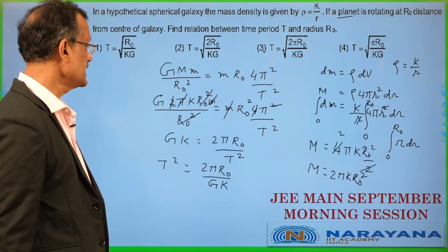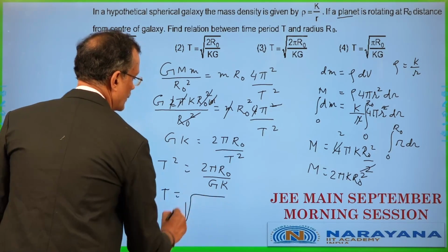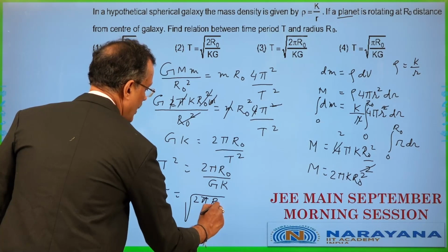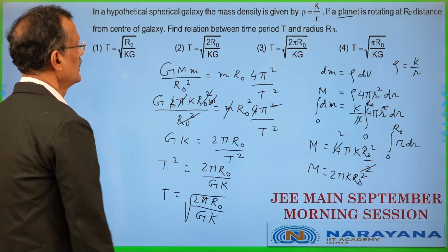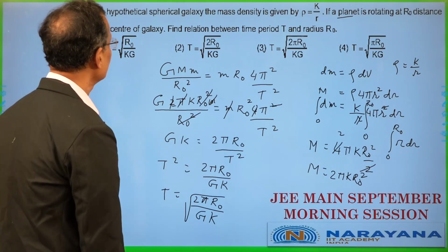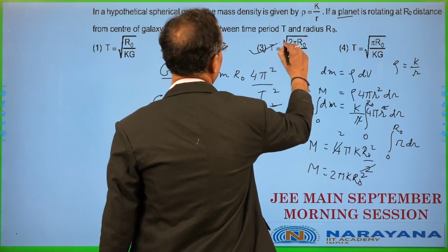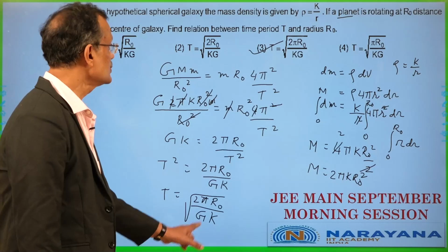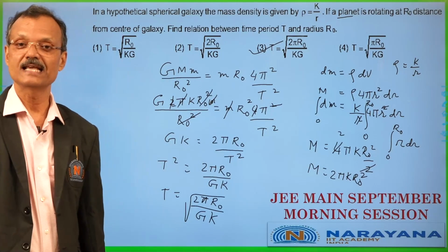What's the value of T now? T will be equal to under root 2 pi R naught by GK. Answer is here, number 3, under root 2 pi R naught by KG.